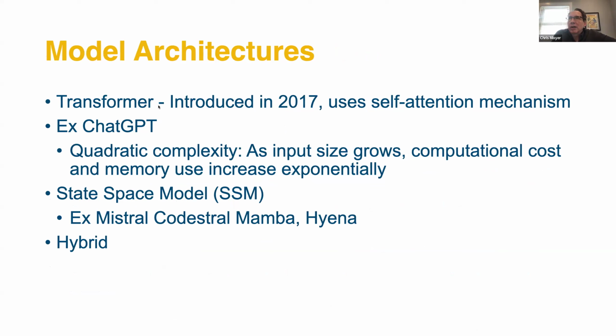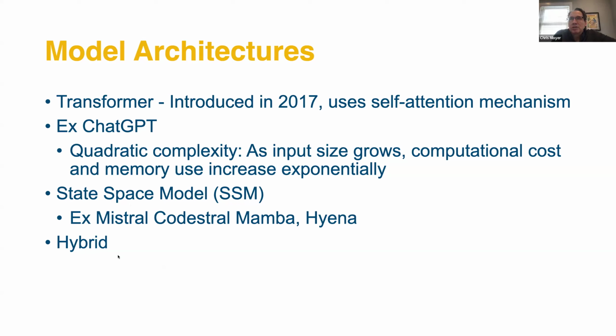So the transformer model that Google invented uses a self-attention mechanism. ChatGPT is like it. And this is that quadratic complexity that I was talking about, making it really expensive. As these things get bigger, the computational cost gets really high. A French company called Mistral uses something called a state space model.